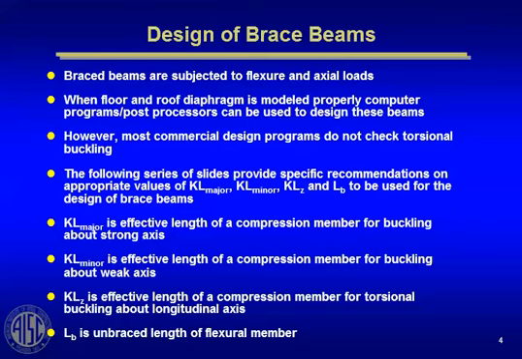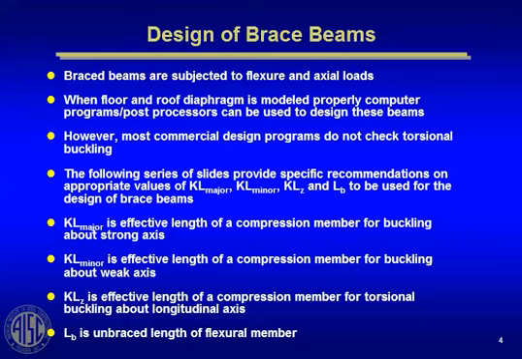So that's another consideration that you have to be careful of when you're modeling an X-braced or a chevron brace system. And as I mentioned, this unbraced length, what I'm calling KL major, KL minor, and then KLZ, that is, you not only can have flexural buckling about the x-axis and flexural buckling about the y-axis, you can also have flexural torsional buckling.